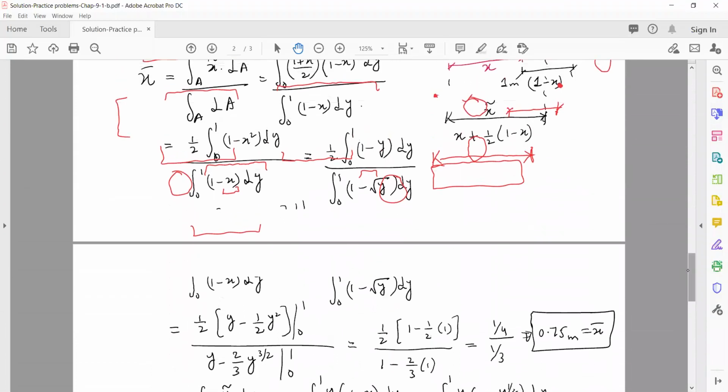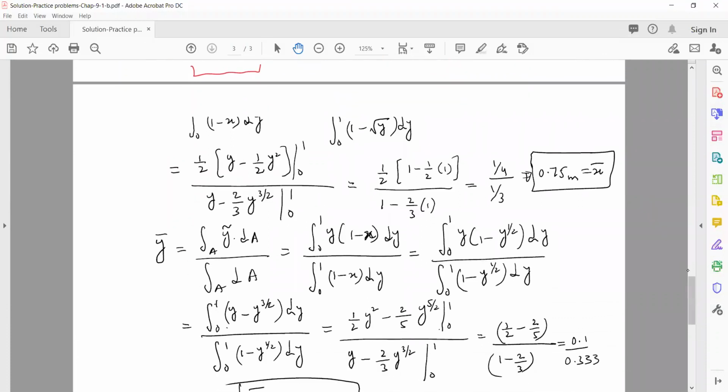Now just apply the integrals. You get this at the top, and this in the denominator. I'm sure you all know how to apply the integrals, so we don't need to go into the details. Now you just need to apply the limits, 0 to 1 at the top and 0 to 1 at the bottom.